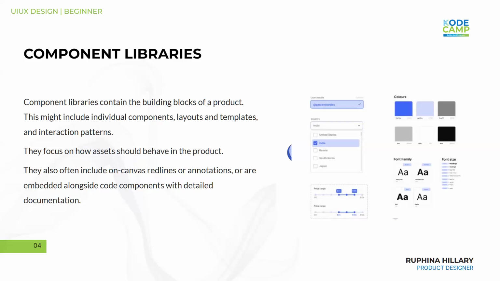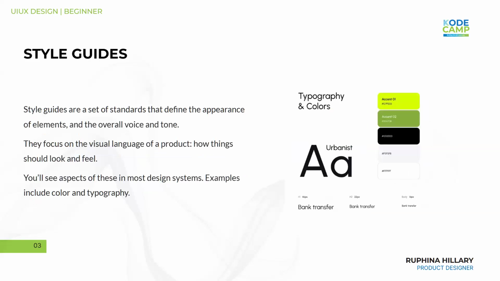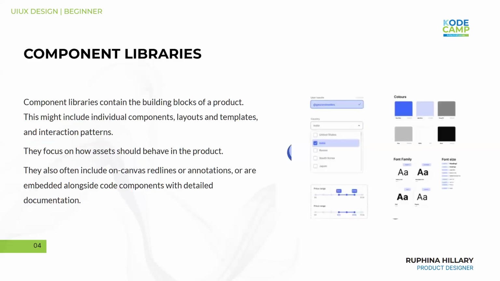They include individual components, layouts, and templates, and they focus on how assets should behave in the product, right? So remember, a style guide is concerned with how things should look, while a component library is focused on how your assets or your elements should behave.